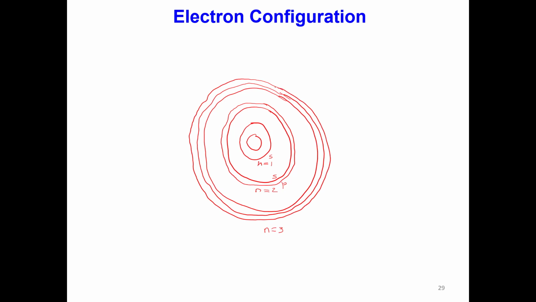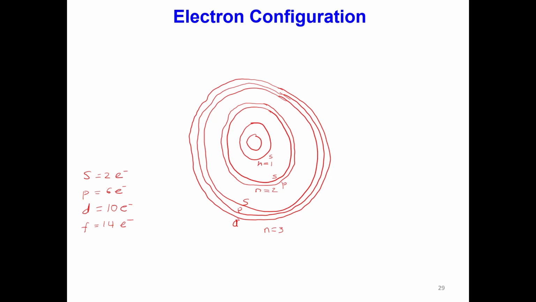Then this is S, P, D: 2 electrons, 6 electrons, D, 10. Let me write here the numbers. S, always 2 electrons can hold. P, 6 electrons. D, 10 electrons. And F, 14 electrons. And here we had 2 plus 6 plus 10, 18.